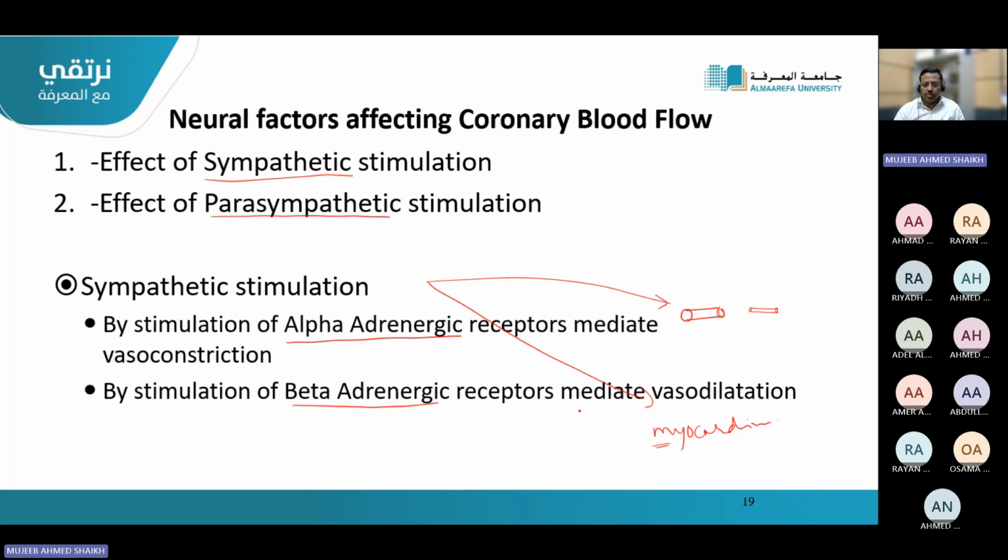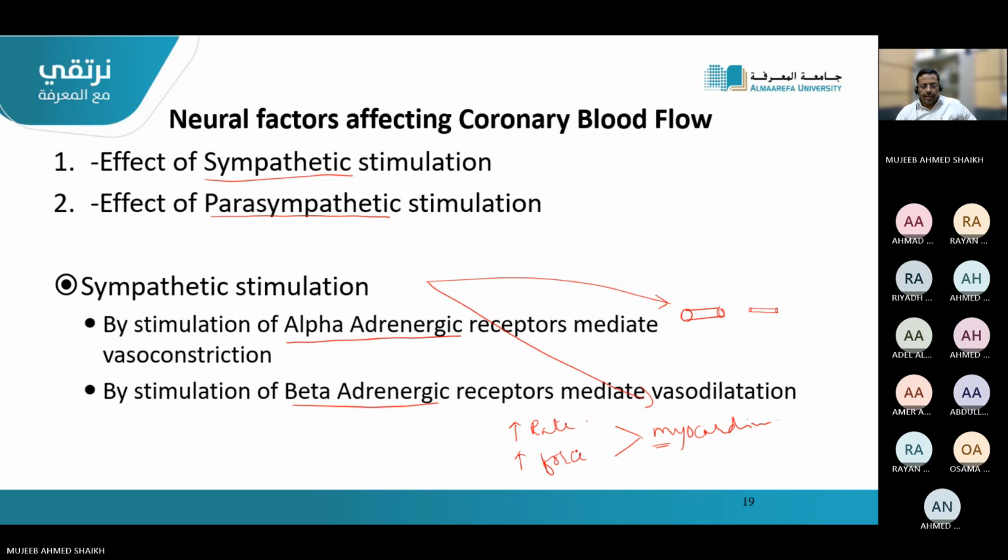What are these two effects? Increase in rate of contraction and increase in force of contraction, right? The chronotropic and inotropic effects. If you remember the autonomic nervous system from the foundation block, two effects are seen on sympathetic stimulation: it will increase the rate of contraction as well as the force of contraction.